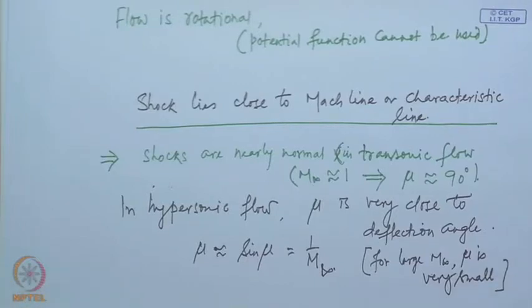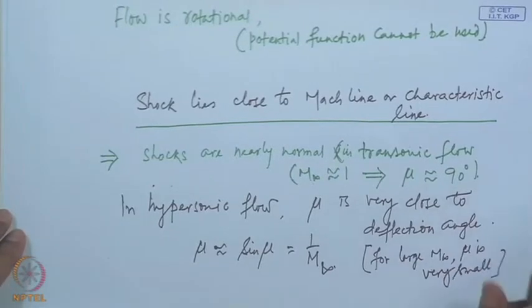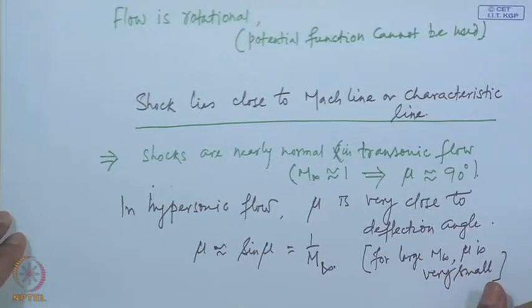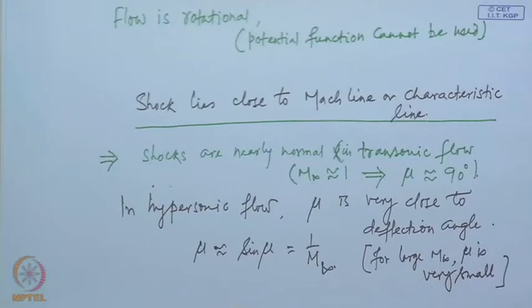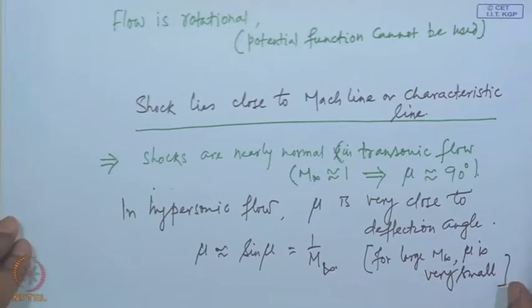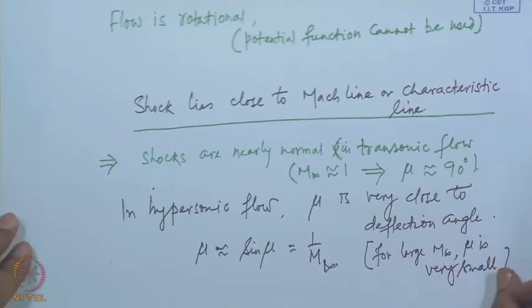The characteristic angle is very small when we have a very large Mach number, or rather, in hypersonic flow the characteristic angles are very small and the shock will be very close to that characteristic angle. So, the shock will also be very close to the body.